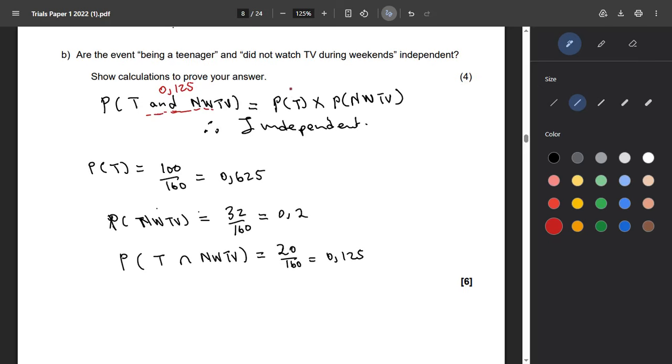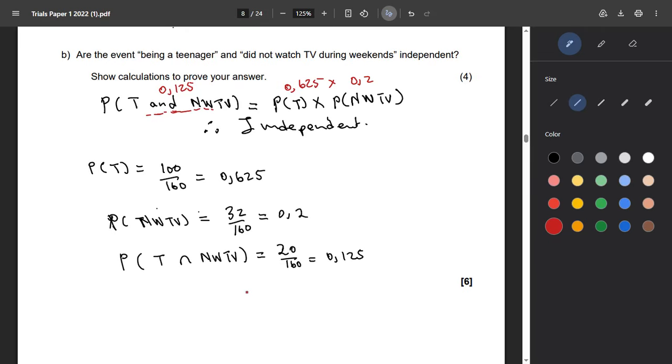So when you take the 0.625 and multiply it with the probability of not watching TV, which was 0.2, if you get your answer 0.125, then you conclude and say these events are independent.